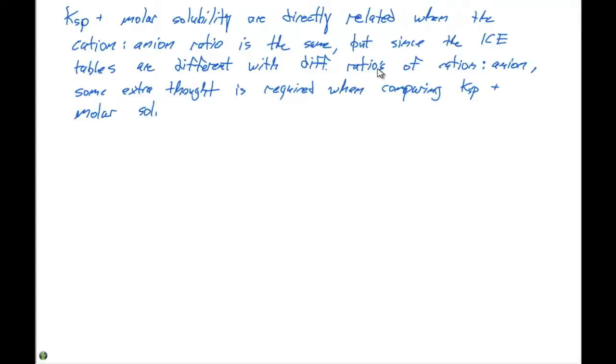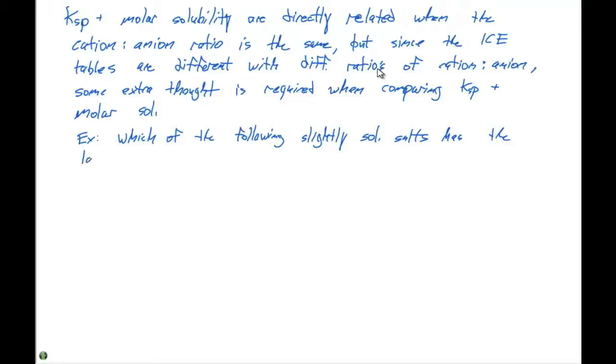And I think this statement right here that I just said is best illustrated by performing an example. So the example problem that we can ask is: which of the following slightly soluble salts has the largest molar solubility?